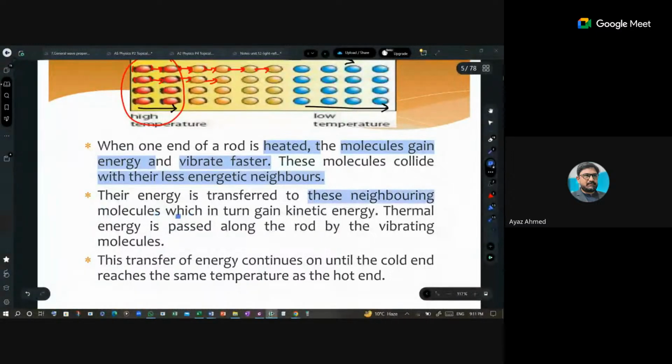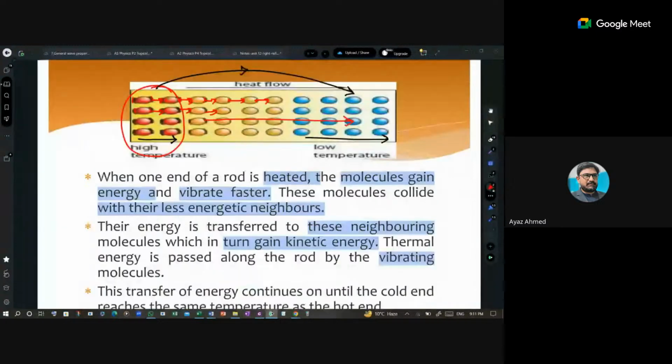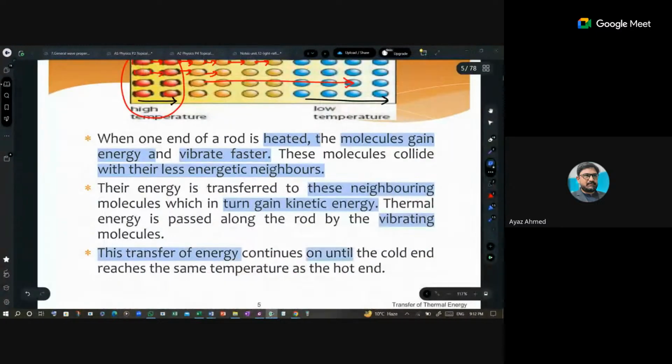These neighboring molecules in turn gain kinetic energy, then they collide with the next neighboring molecules, their vibration increases, and so on. This process is continuous until the cold end reaches the same temperature as the hot end.